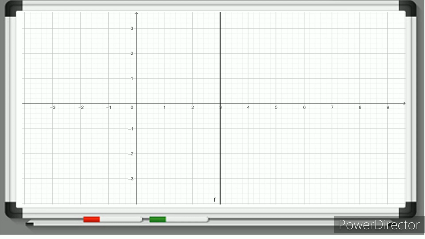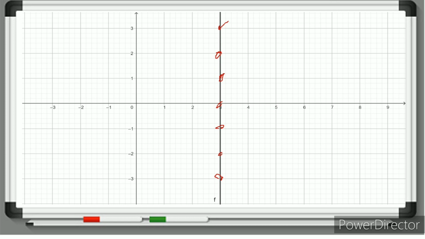I told you it is a function, but here the line given is a vertical line. If you see these points, if I take these points, now I will write the ordered pairs.